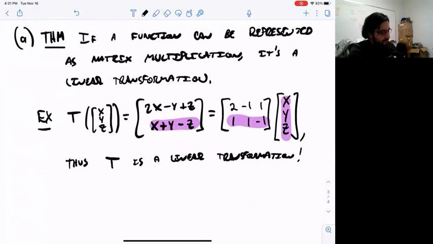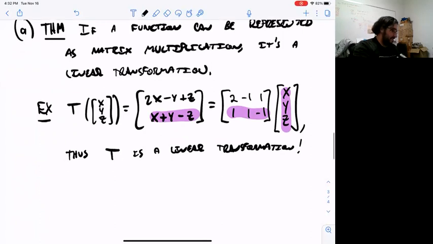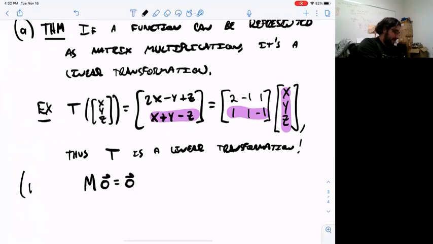Just to briefly comment, why does this theorem work? Well, just imagine, a matrix times the zero vector is always going to be the zero vector, right? So this is far from a formal proof, but why is this valid? Because a matrix times a zero vector will always be a zero vector.